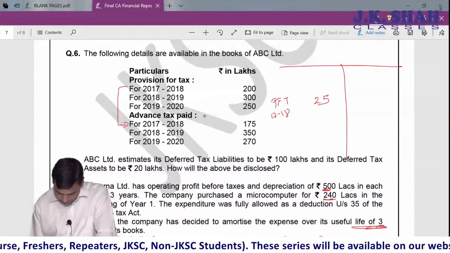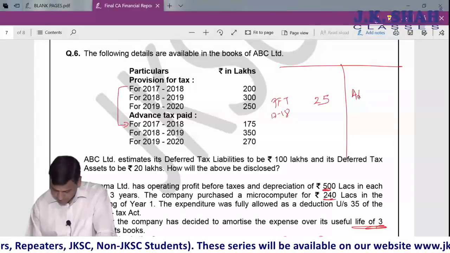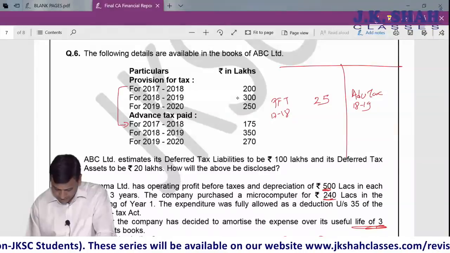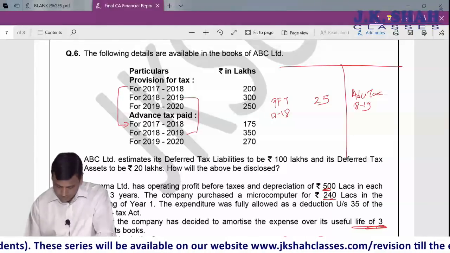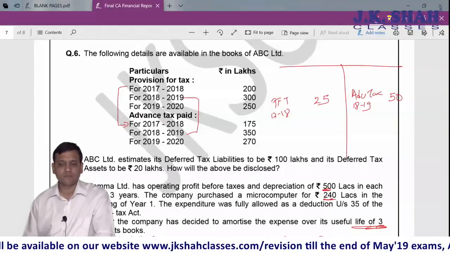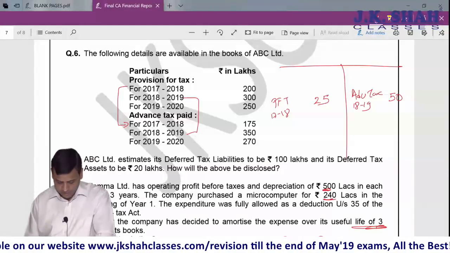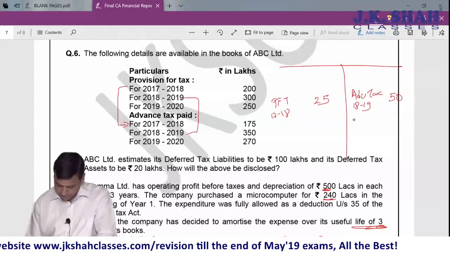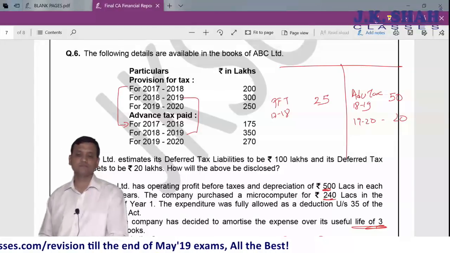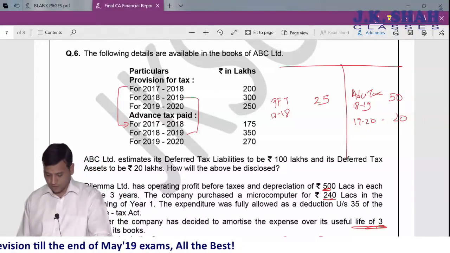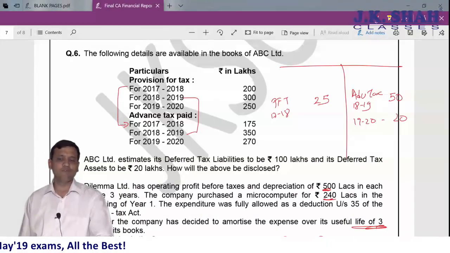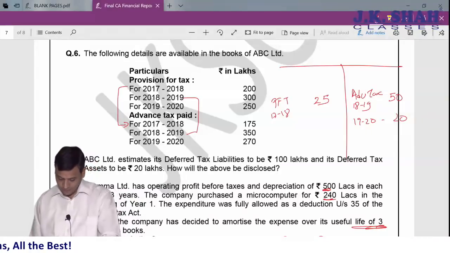If I look here, 300, 350, advance tax for 1819, 50. I hope you remember, legally enforceable right. Then 250 and 270, again advance tax for 1920, 20. Now can this total advance tax of 70 be knocked off against provision for tax? No, because I don't have legally enforceable right to do so.